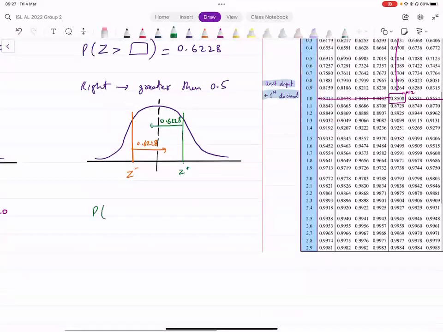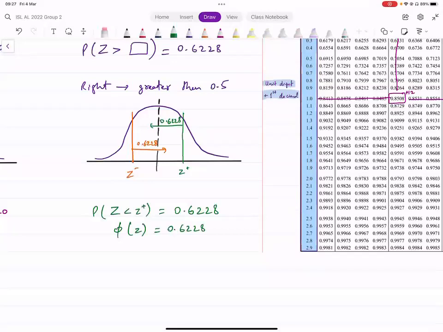So we say probability of z less than the positive value z, that is equal to 0.6228. That means phi of z is equal to 0.6228.